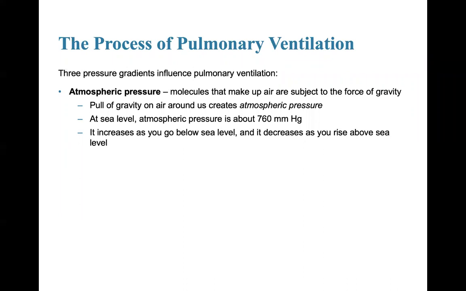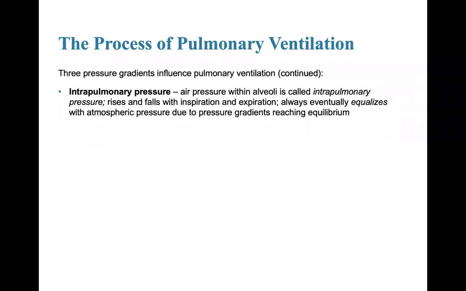At sea level, which is where you guys are at in Philadelphia, atmospheric pressure is about 760 millimeters of mercury. It increases as you go below sea level, but it also decreases as you rise above sea level. So a city like Denver, which is at a significant elevation above sea level, the atmospheric pressure is going to be a little less.